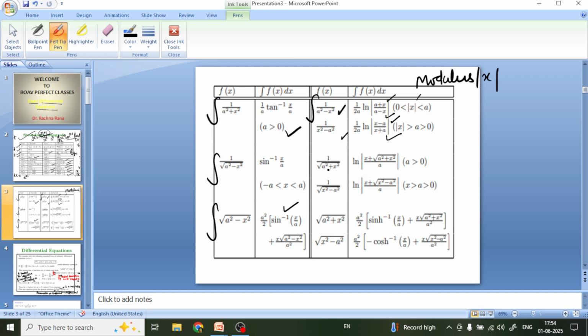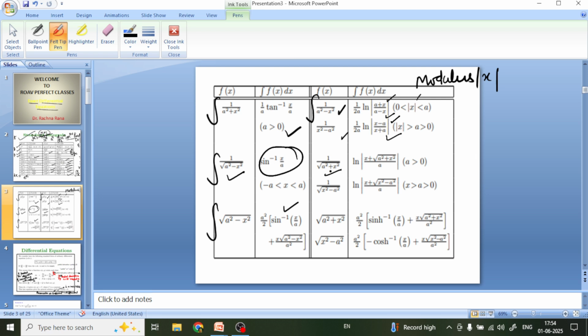1 over square root of a square plus x square. Here there is a minus symbol, and with the minus symbol, that is equal to sine inverse x over a.